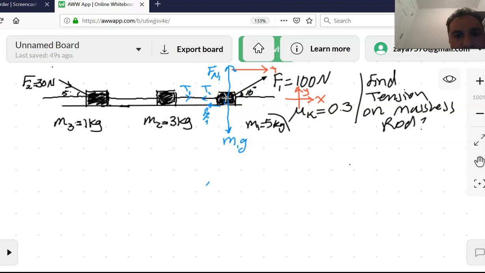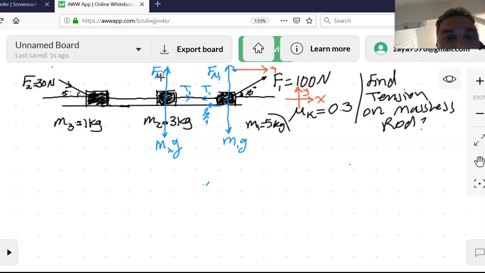Same thing here, guys. This is M2g. And here I have Fn2, and then friction force 2. Same thing, I have T2, and the same T2 here.